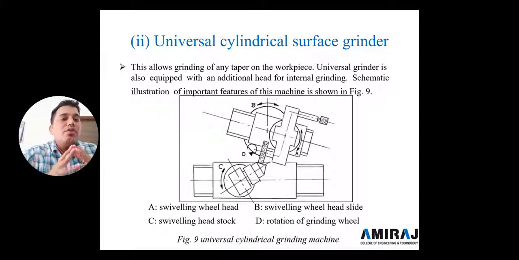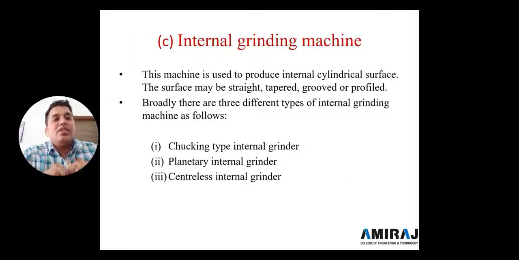So if we want to do any inclined grinding operation in a horizontal manner, then we can use universal cylindrical grinding machines. Okay, so we complete our first part. In the second part I will explain another category of grinding machine. Thank you.